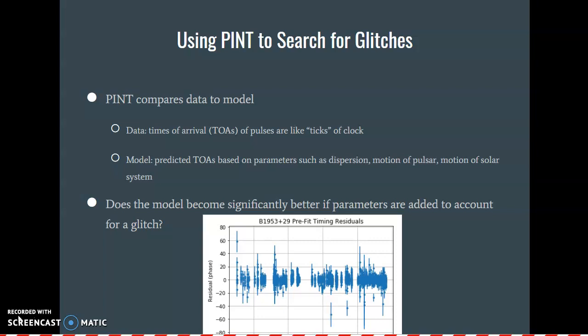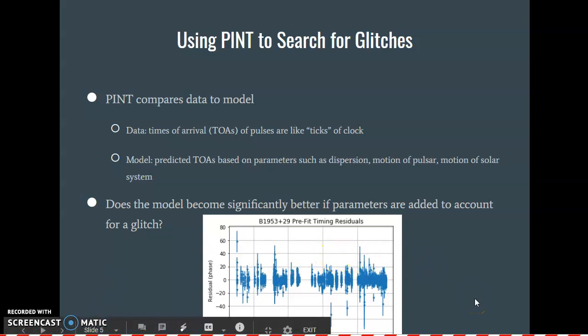And what PINT does is it compares the data collected from the radio telescopes of the times of arrival of the pulses, which are basically the ticks of the clock, and compares them to the model that predicts all of the effects that could make it not perfectly periodic, like the motion of the pulsar, the motion of the Earth, the interstellar medium, and subtracts the model from the data and generates this residual.